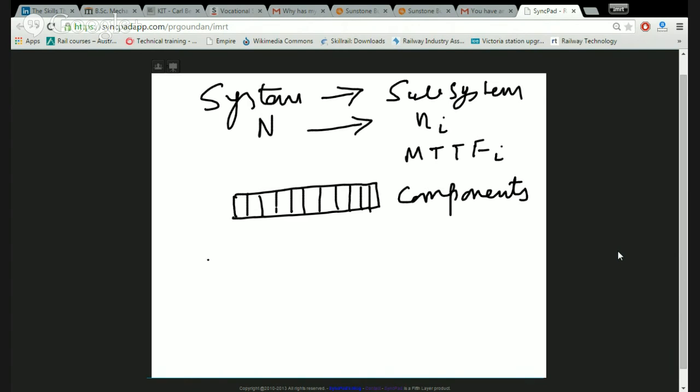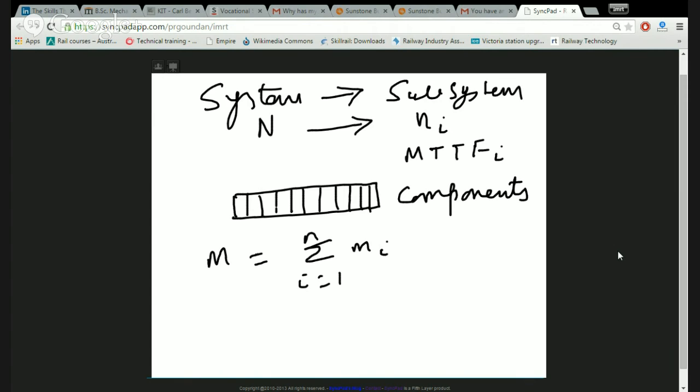Total number of components may be M, where M equals the sum of Mi for i equal to 1 to N. Total number of components I can calculate. Same Ti is the operating time of each of these components. Lambda I, or 1 by MTTFI, is the weighting factor you have to get. So all those things are there.